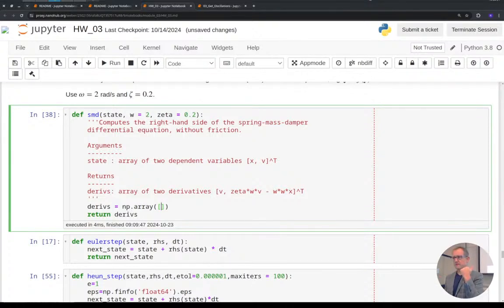When I'm trying to output my differential equation, if I give it position and velocity, what do I get back? Velocity and then acceleration. So this would be state of 1, because state 1 is my velocity. And then what's my acceleration?